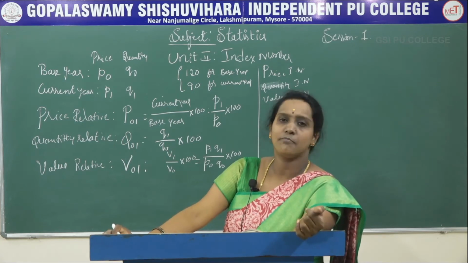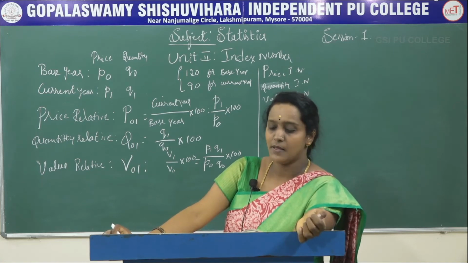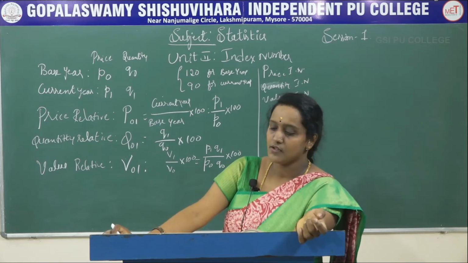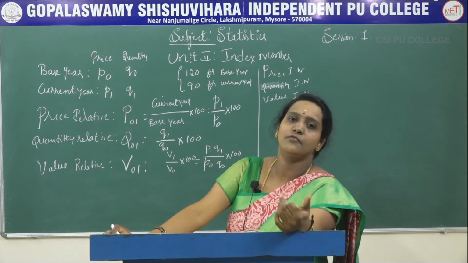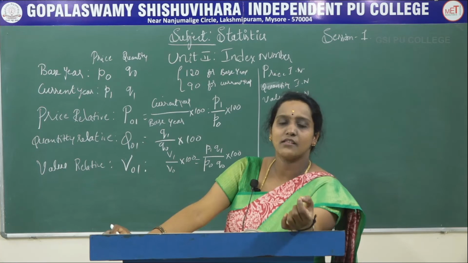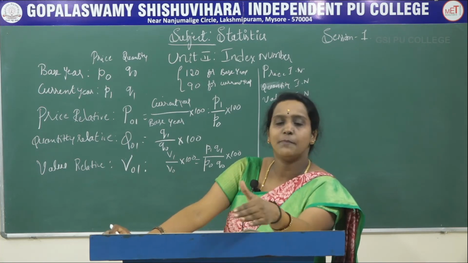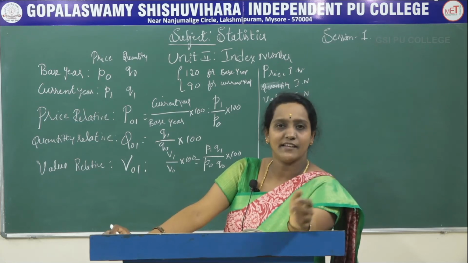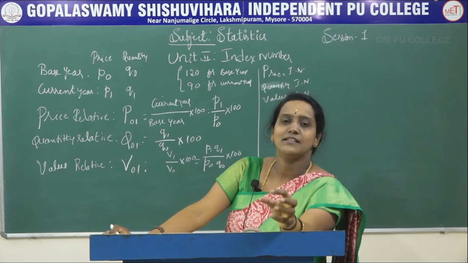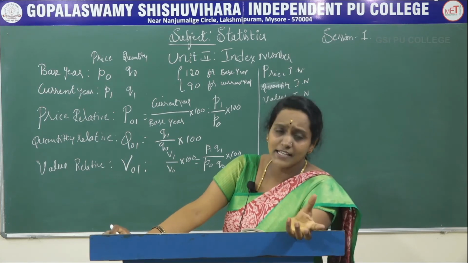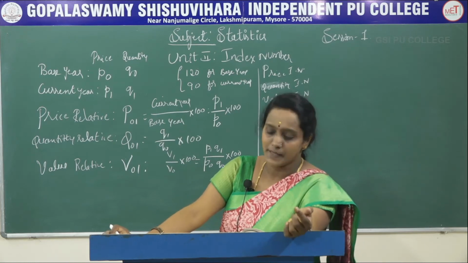So the selection of base year should be economically stable, and the base year should not be too distant from the current year. That is, if you are taking data of 2019, we should take the data of 2015, 16 or around that. It should not be 1990s or 1980s data. So the current year situation should be similar for at least 2 to 3 years. Then only we can consider it as a current year and a base year.